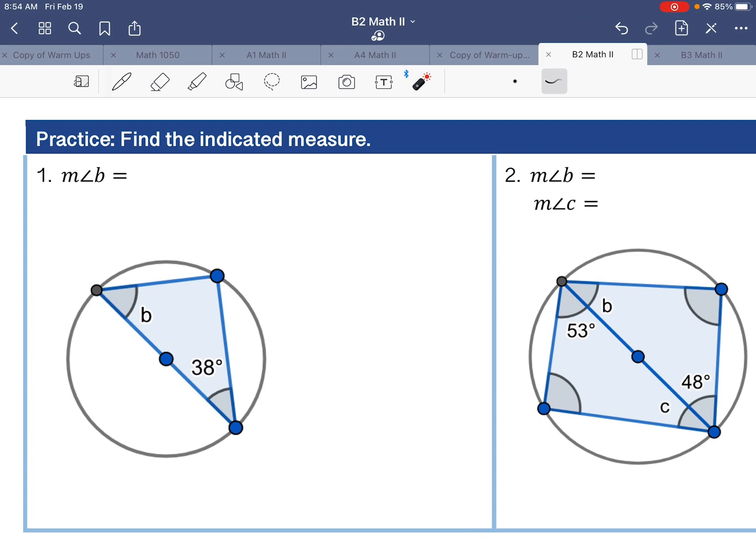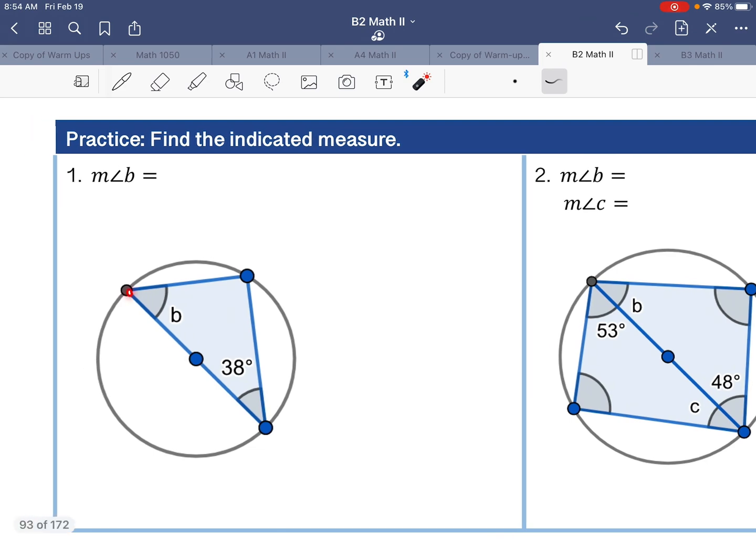Okay, so now we have a picture of a triangle with one of its sides going through the center of the circle. We just concluded that because of that, this is a 90-degree angle. And now we have 2 angles out of 3 in a triangle, and we can use that to find out what, I'll use B, that other angle is in the triangle.